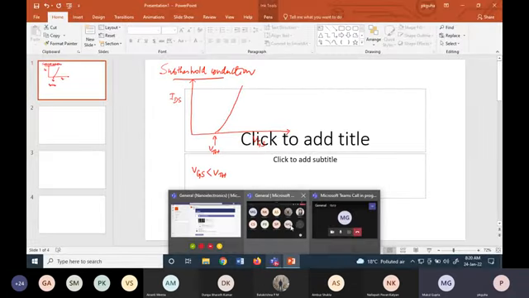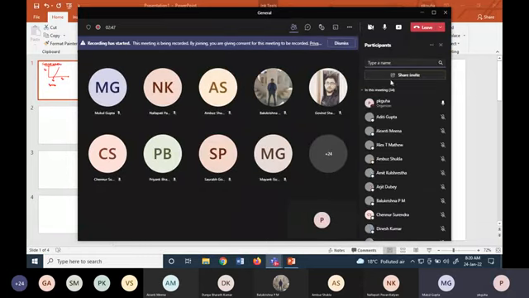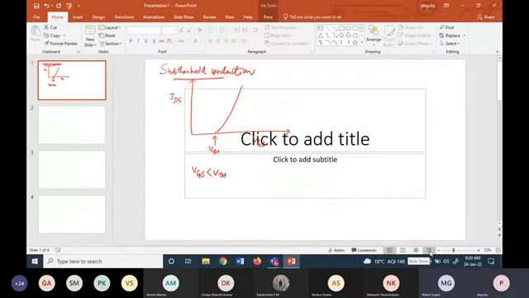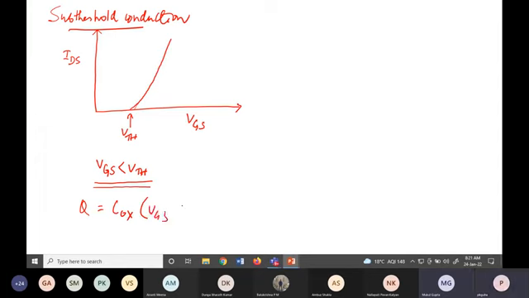By subthreshold conduction we mean, when VGS is less than VTH, the current in the conventional sense we say is zero, because the charge in the channel is equal to 0 when VGS equals VTH.